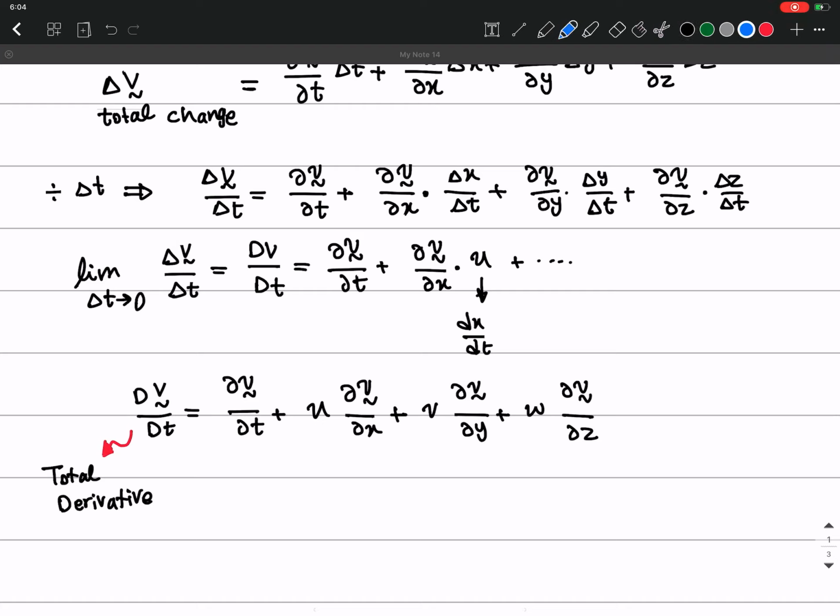And this term is called the local or partial derivative.